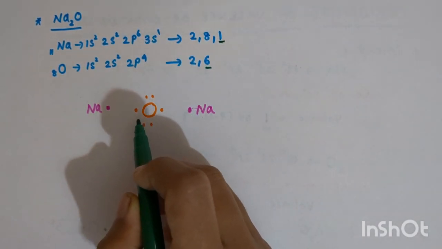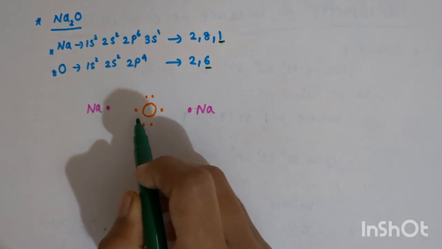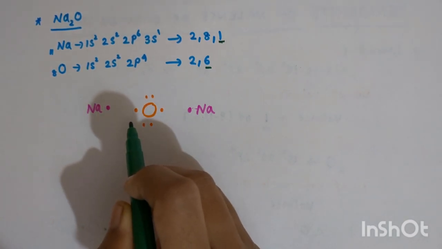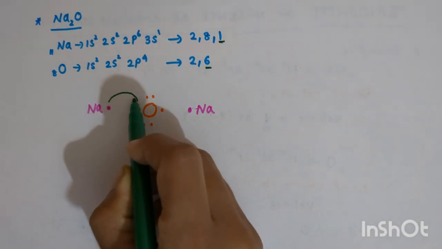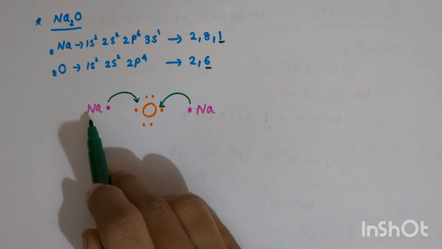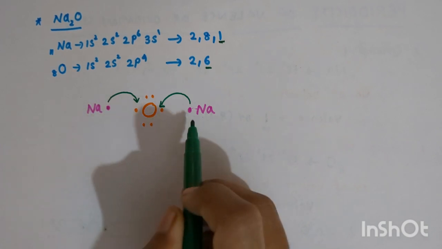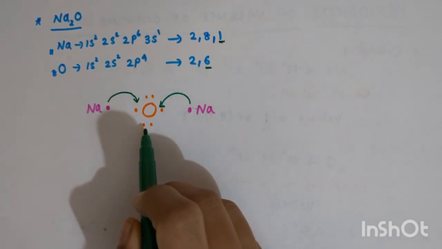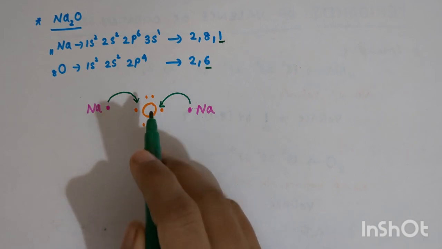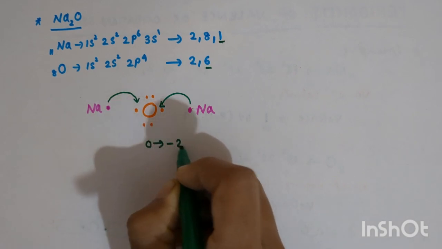Oxygen is more electronegative than sodium, so oxygen accepts two electrons, one from each of the two sodium atoms. So oxygen shows an oxidation state of -2.